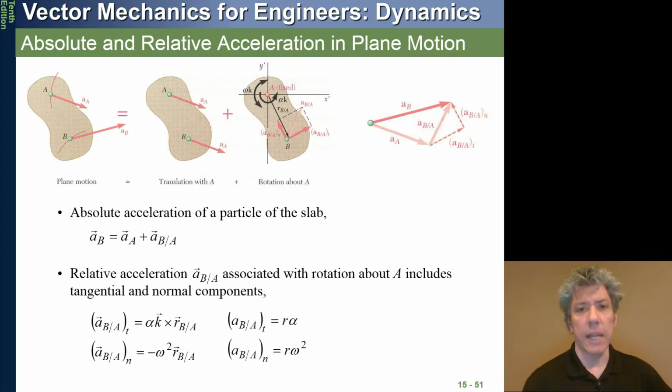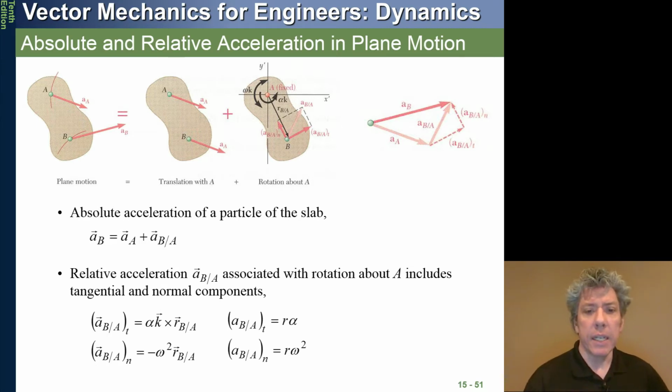And then finally the last row, the normal piece of that acceleration is just the square of the angular velocity times the negative of the vector from A to B. And the reason it's the negative is because the normal acceleration always points from B back to the reference point A, and so that's in the negative direction to the vector r of B with respect to A. Sorry, I didn't mean normal.